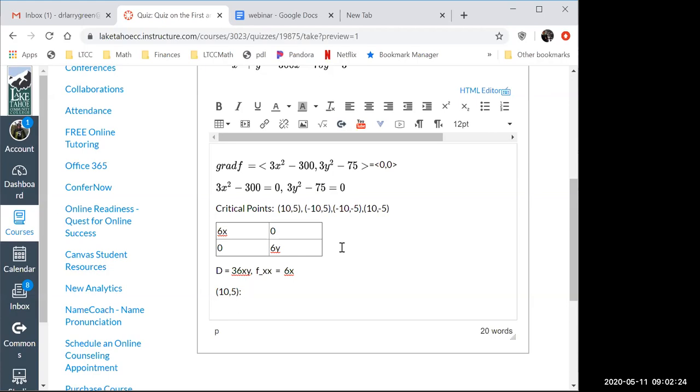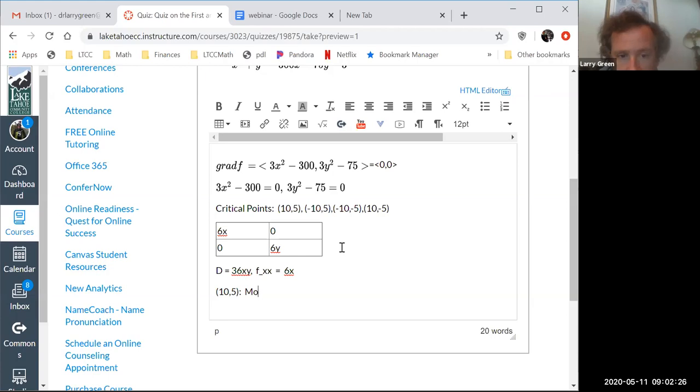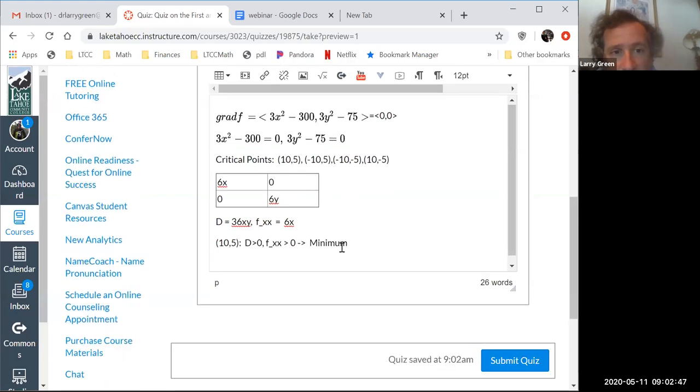It's a minimum. So notice that D is greater than 0, fxx is greater than 0, so we get a minimum. Any questions so far?